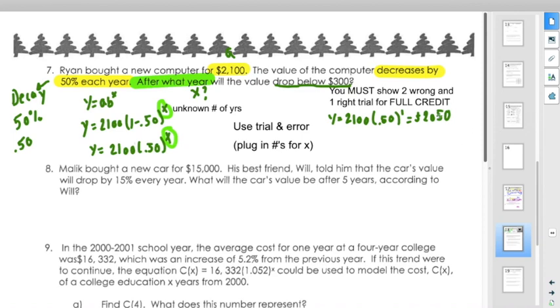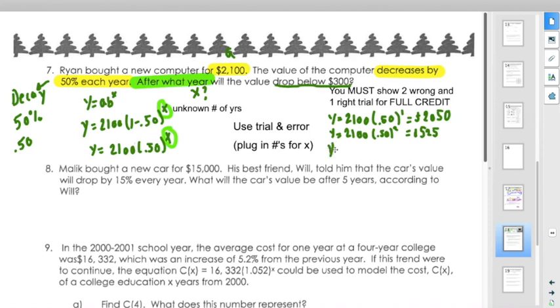Is this below 300? Definitely not. So x is not going to be 1. Let's try x equals 2. y equals 2100 times 0.50 squared. When x is 2, the answer you would get is $525. Again, that's not going to work. So we have 2 incorrect.